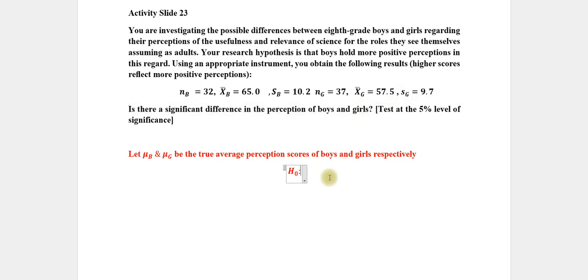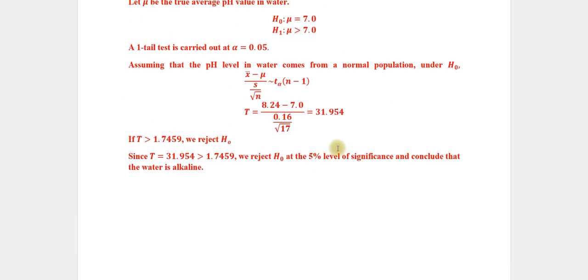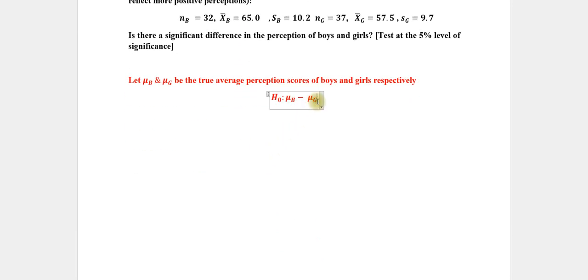So what you need to do is H0: mu b minus mu g equal to 0, versus H1: mu b minus mu g, with 0 on the right, but we will see whether it should be less, greater, or not equal to.